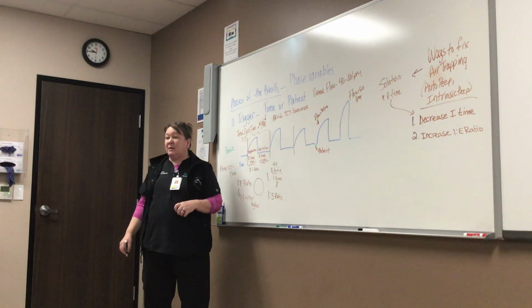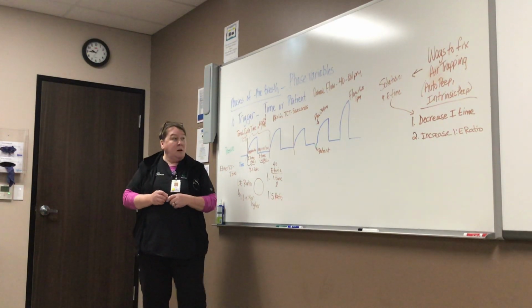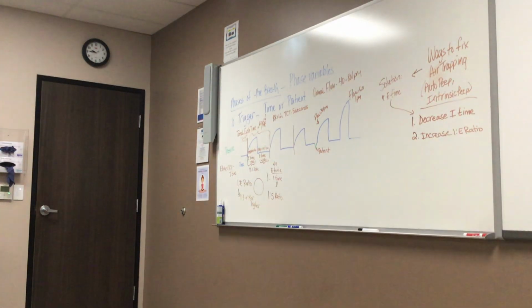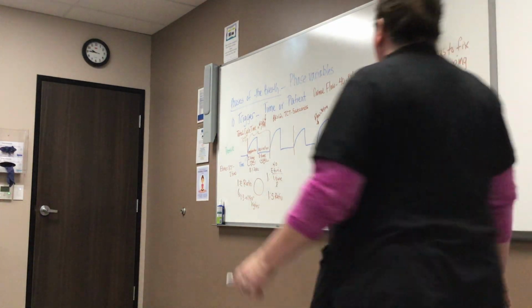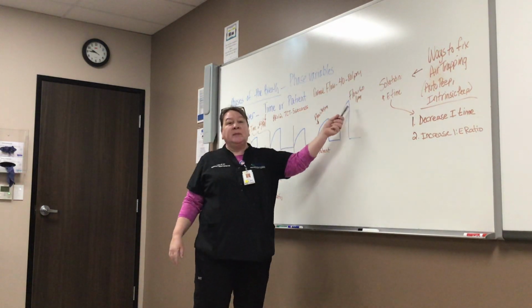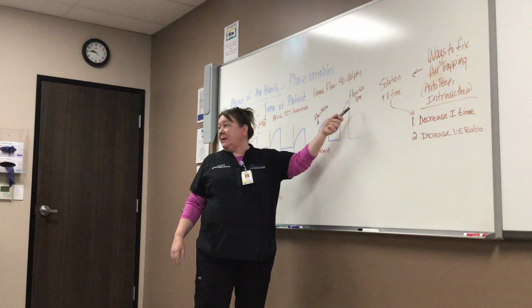You will sometimes be lower. So we cannot go higher? No, you can go higher. 40 to 80 is the normal range. 60 is a good happy place for most patients.